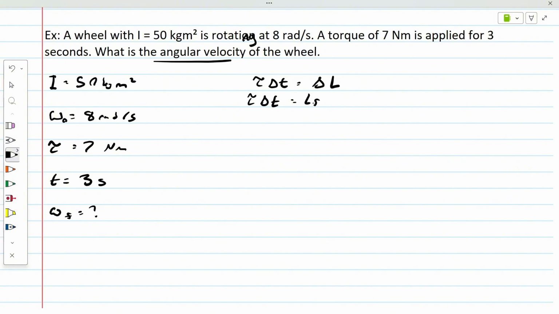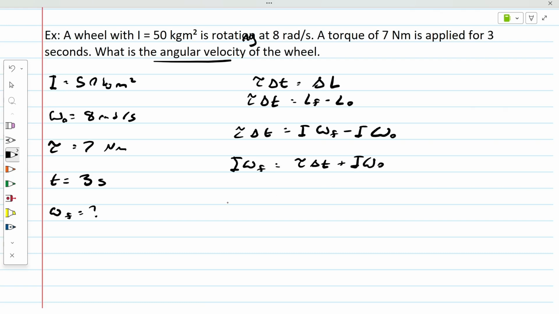So we have our final minus initial, and each one of these equals the I times its angular velocity, so I times omega final minus I times omega initial. And so now we can go ahead and rewrite this equation to get the final angular velocity by itself.